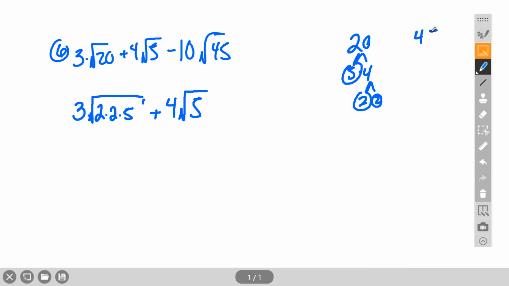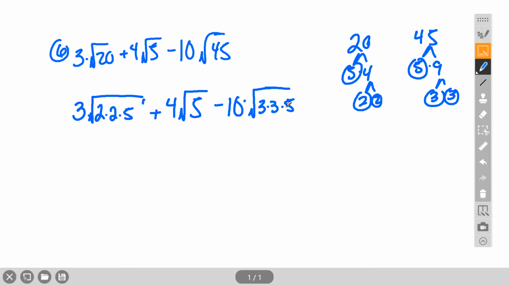And then 45, so this is minus 10 times square root of 45. 45 is 5 times 9, and 9 is 3 times 3. So that's 3 times 3 times 5.